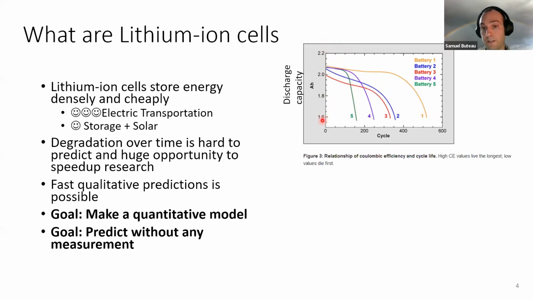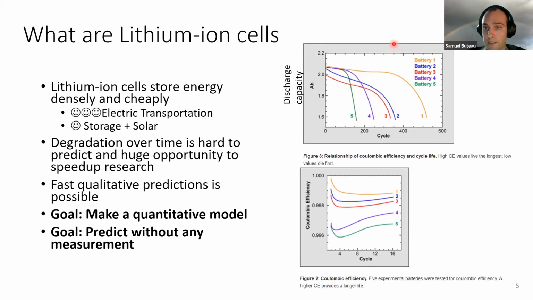Okay, so we have this thing that we want to answer. How long does it take for the battery to no longer be useful? And here's a simple proof of concept that it's possible to do these types of predictions. So here's a simple measurement you can do, and it doesn't take that many cycles. It's just the initial 16 cycles.